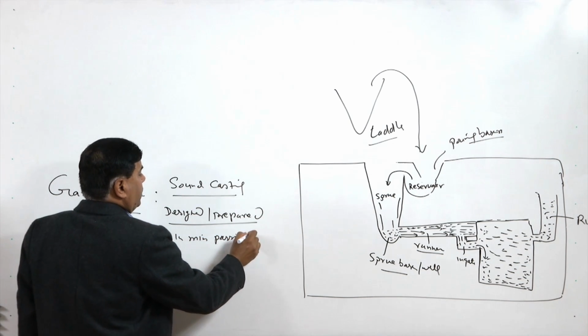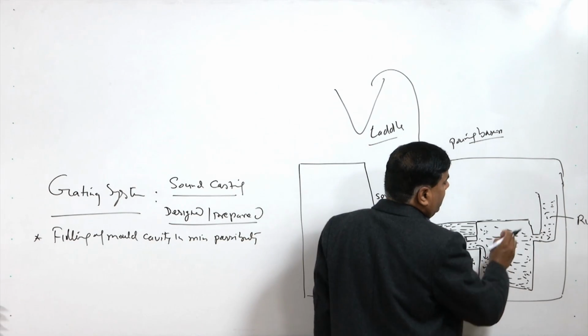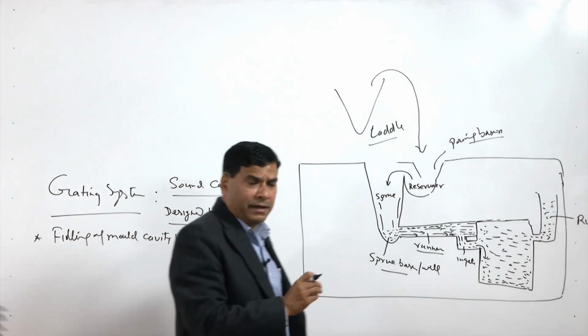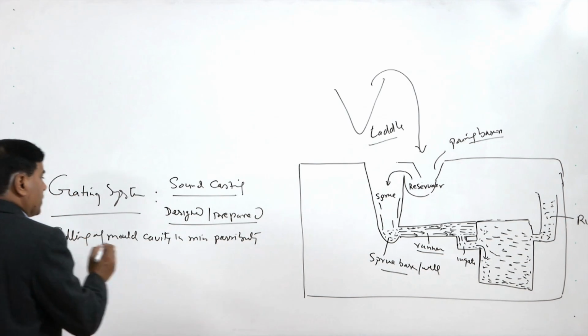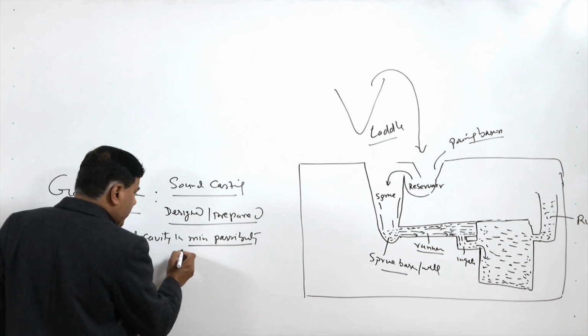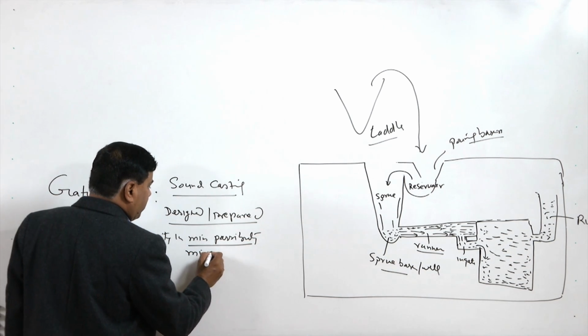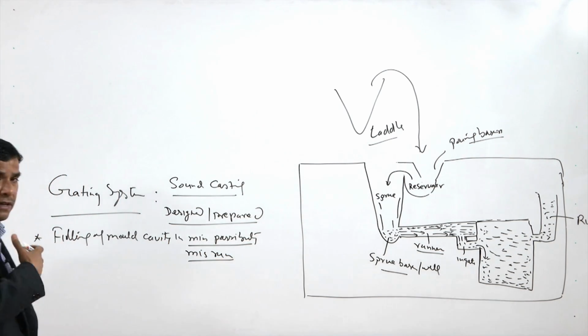This is important to avoid a situation where at one location solidification has started, while at another location the molten metal has yet to reach. This kind of situation can lead to a number of issues, and misrun is one of them, where molten metal may not be able to reach if it is taking a very long time.